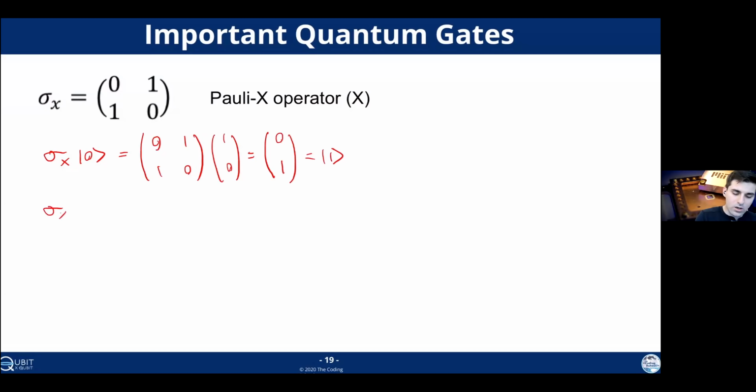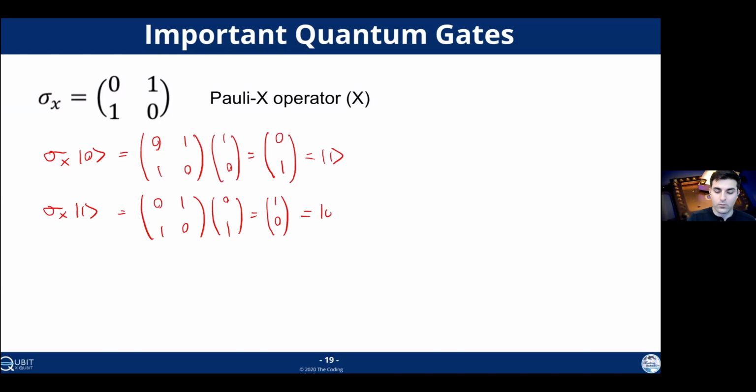And the Pauli X operator applied to the 1 state, which is 0, 1, gives me 1, 0, which, if I show it using the bracket notation, is just the 0 state. So what we've discussed before is that you can think of this as a quantum bit flip, essentially, in the computational basis.